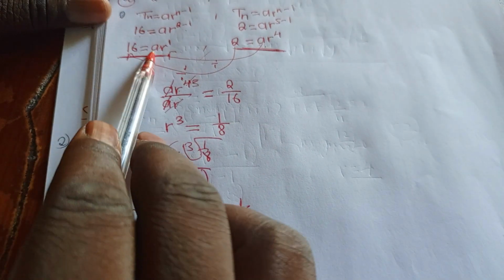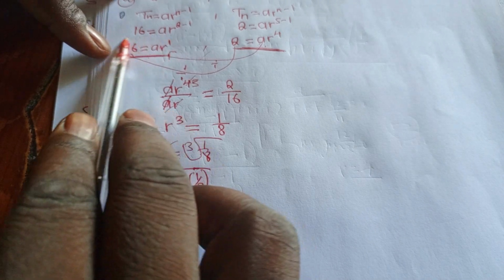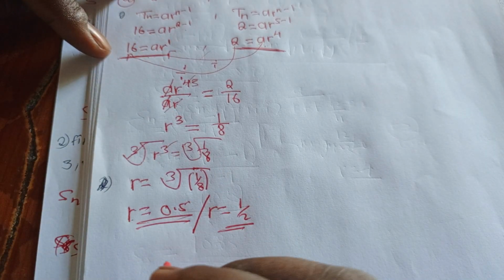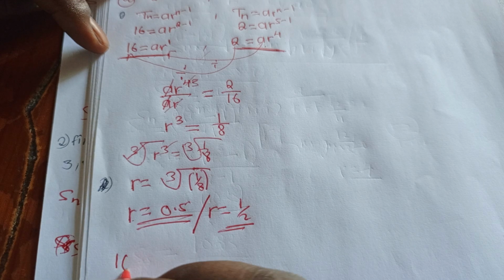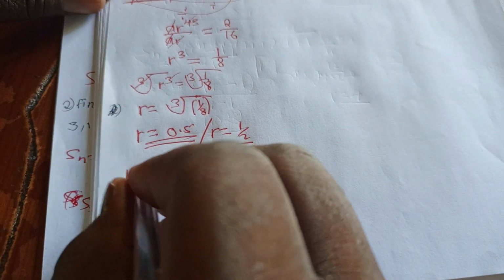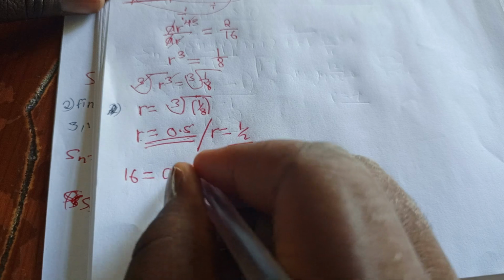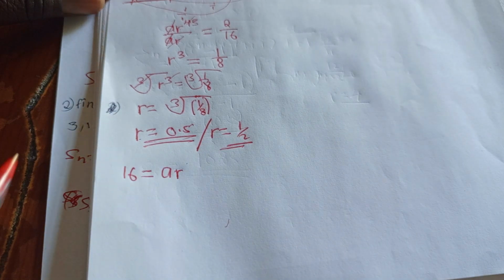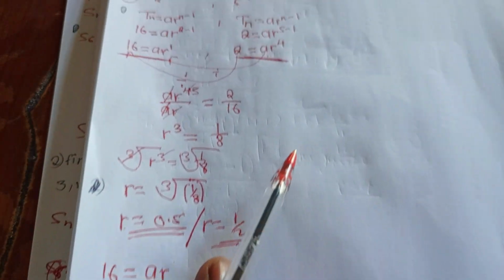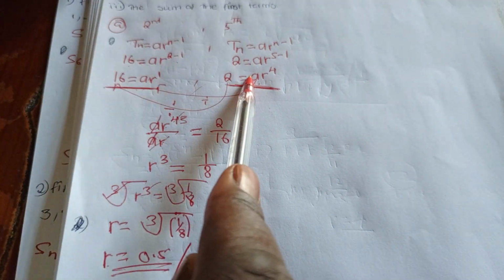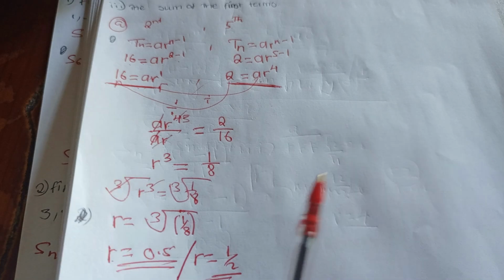In this case, I consider this one to be simple. So I'll get 16 is equal to AR. But if you want, I can also use this part and I'll still find the same answer. So here I've got an option. You can choose this part or this part, but the answer that we're going to find is just the same.